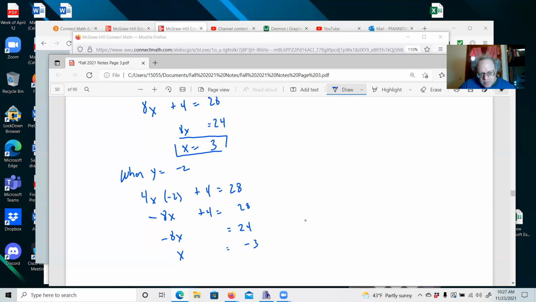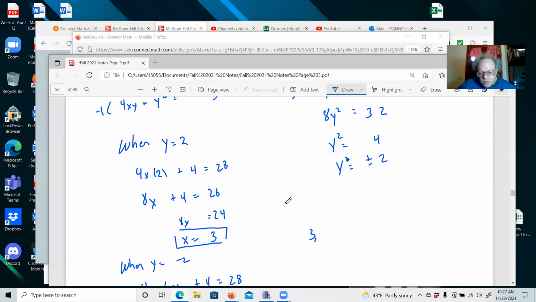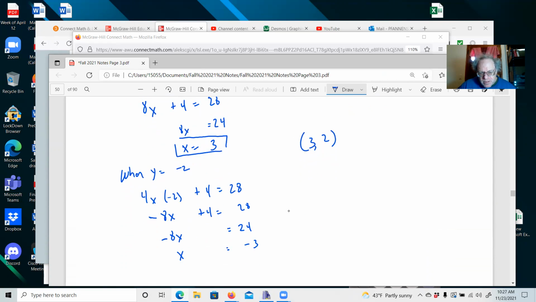Or y rather. No, we're on the right one. So our 2 points are going to be 3 and 2, and we have negative 3 and negative 2.